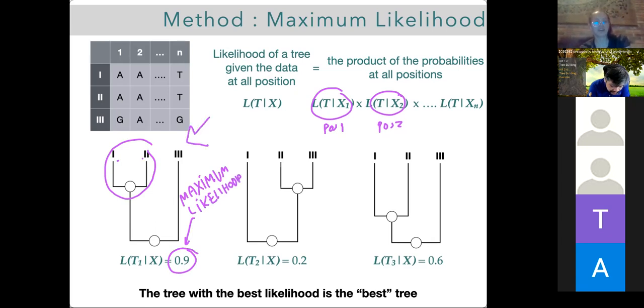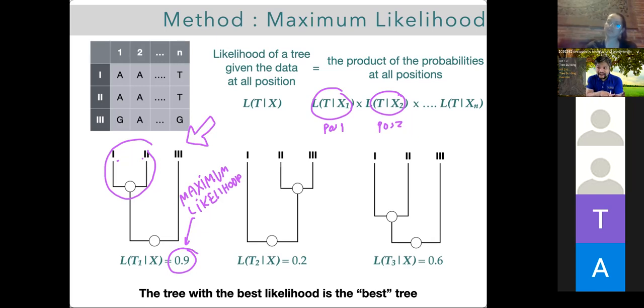And I choose you, because given the probability of every single position being consistent with the tree, that tree is more consistent with my data. The bottom line is that maximum likelihood finds the probability that the tree you created is consistent with your data, and the one most consistent with your data is the right one.